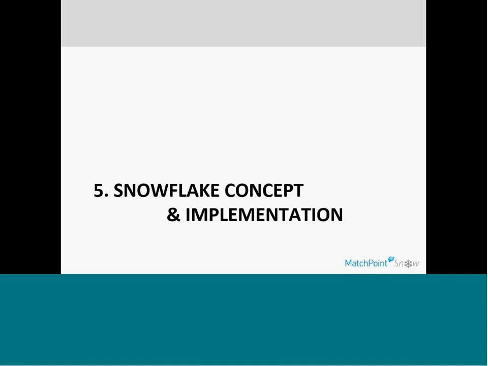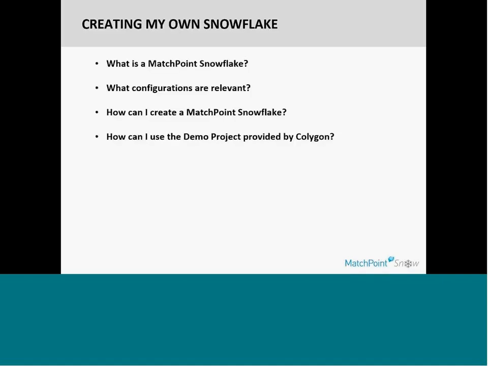So what I will cover is, I will try to answer the following questions. I first will have a look at what a snowflake is. I think Toby did a pretty good job in explaining what a snowflake is and which configurations are required, but I will try to go into more detail on certain points. That's the second point, the configurations, and then we will create a snowflake.